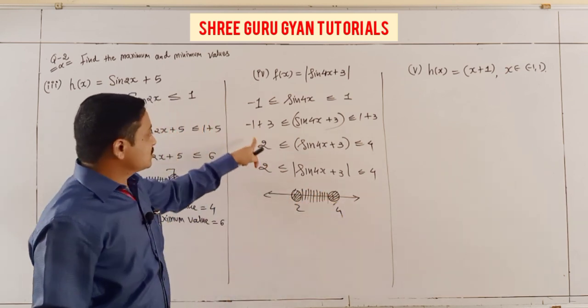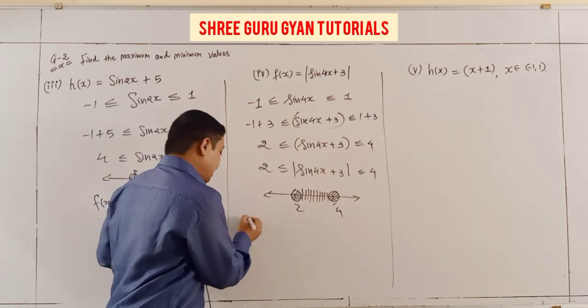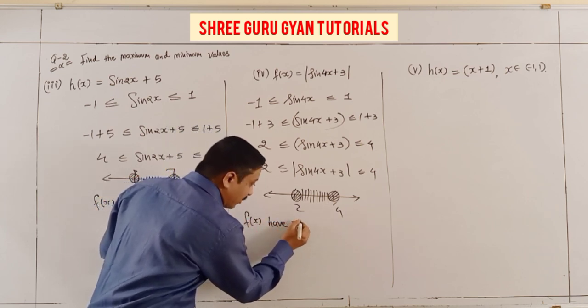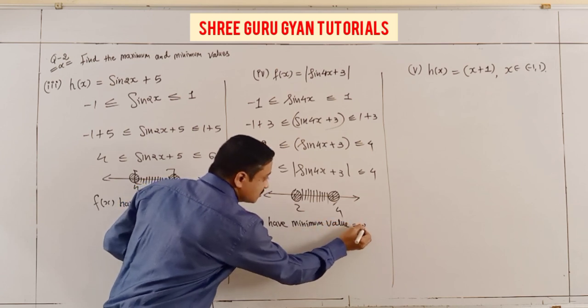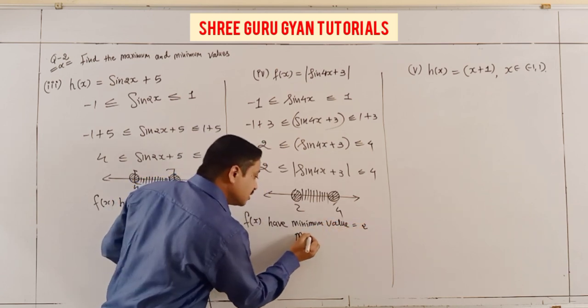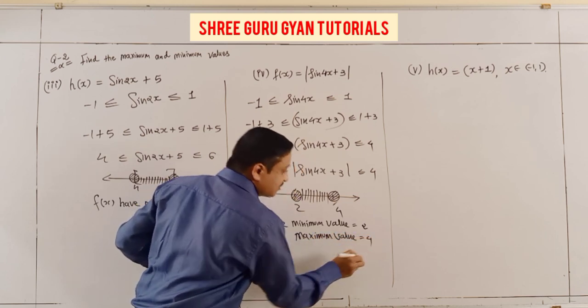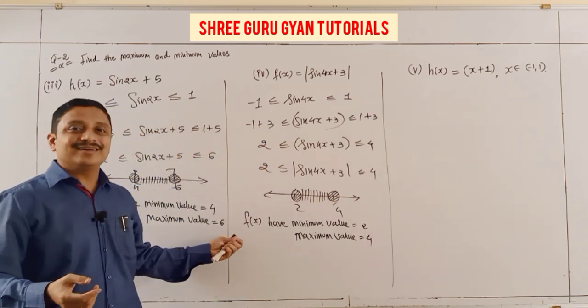So students, my answer is easy, minimum 2, maximum 4. So f(x) has a minimum value. Yes students, the minimum value is 2 and the maximum value is 4, and here students, your question number 4 is complete.